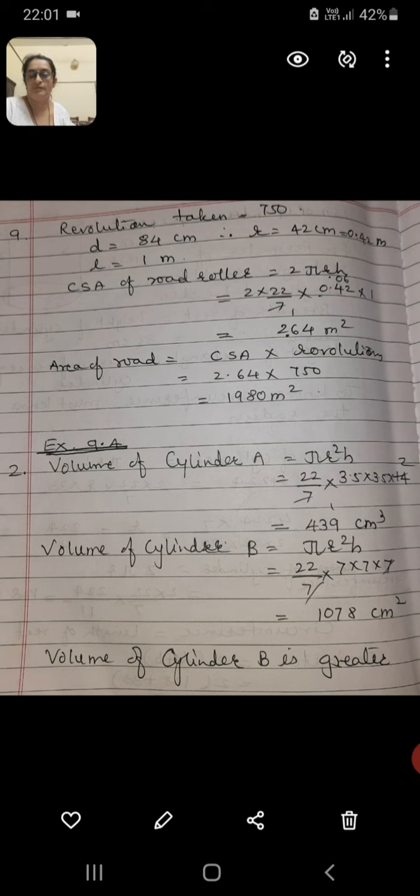That is the volume of cylinder A. Volume of cylinder B is 22 upon 7 into radius, diameter was given that is 14, radius will be 7, into 7 into height is again 7. So that gives us 1078 centimeter cube. That is the volume of cylinder B. So cylinder B has the greater volume.